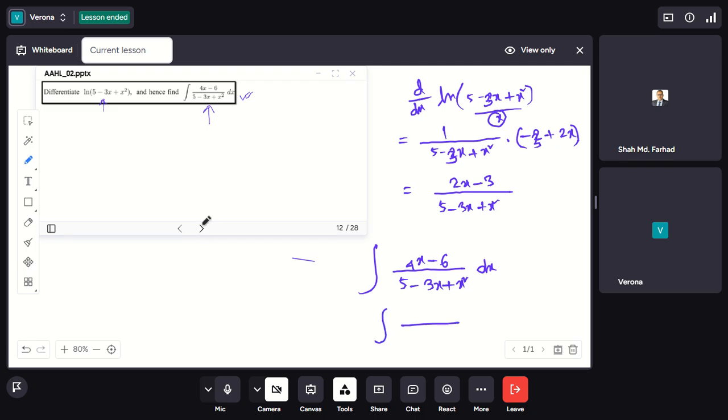If we take 2, then we will have 2x minus 3 over 5 minus 3x plus x square dx. Then we can take these 2 outside the integral, then we can use the antiderivative here, that will be this.